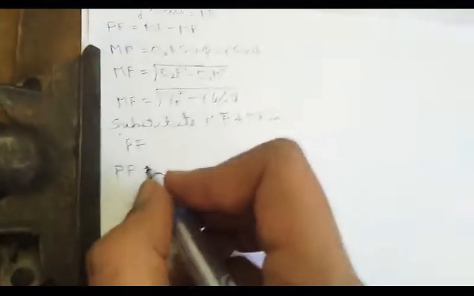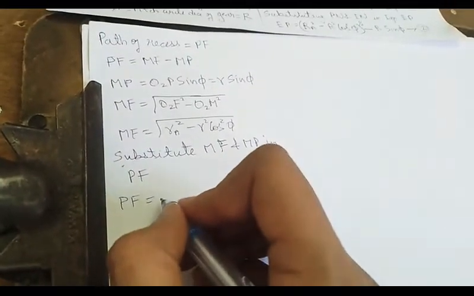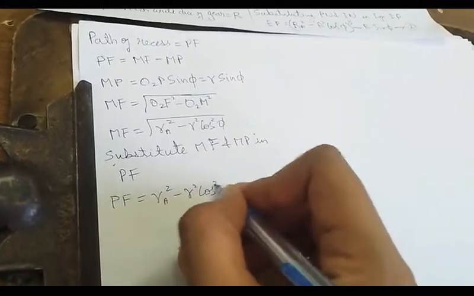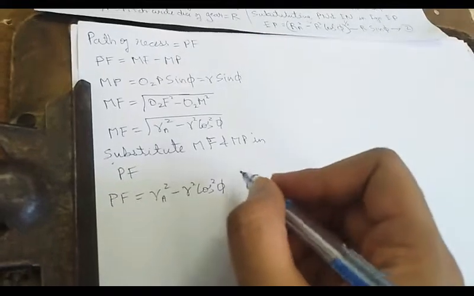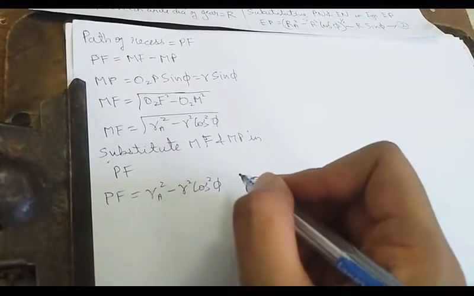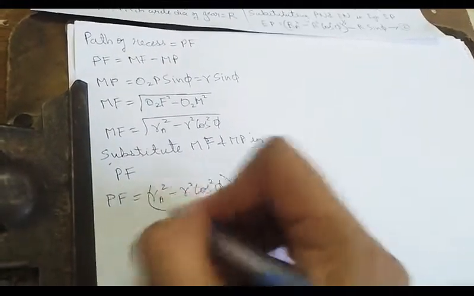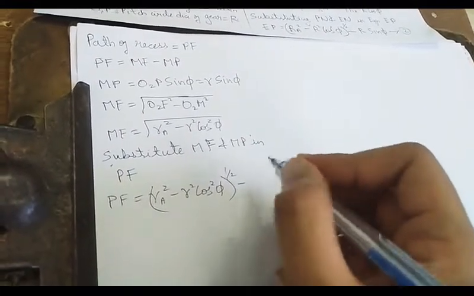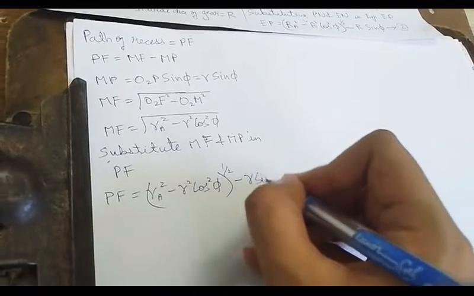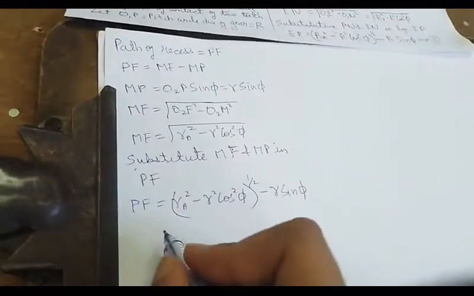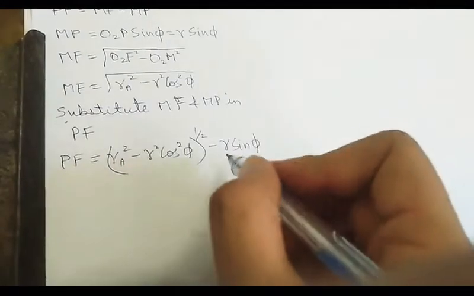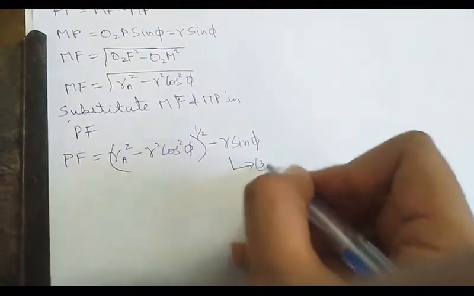So PF becomes RA square minus R square cos square phi whole power 1 by 2 minus R sin phi. We shall call this equation 3.